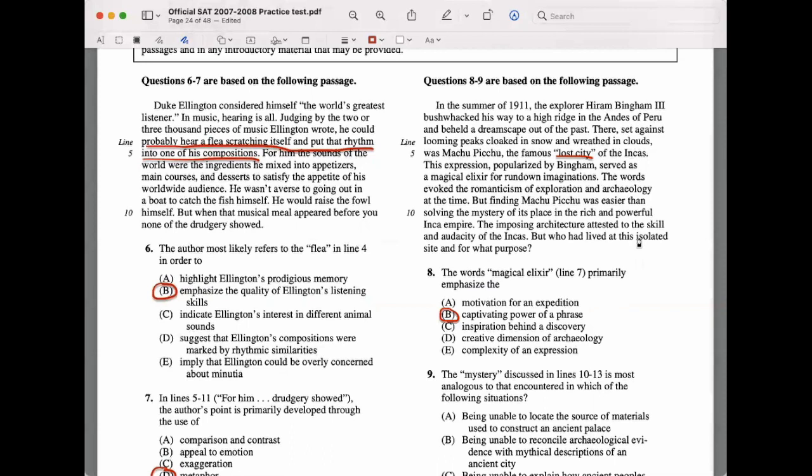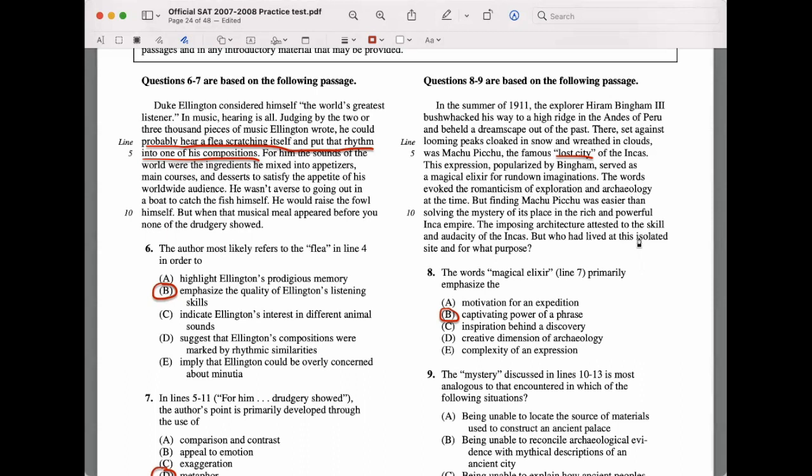It served as a magical elixir because it had this captivating power, right? For people who had tried to find Machu Picchu and were unsuccessful, this lost city expression indicated the romance of it being there and having finally been found, right?